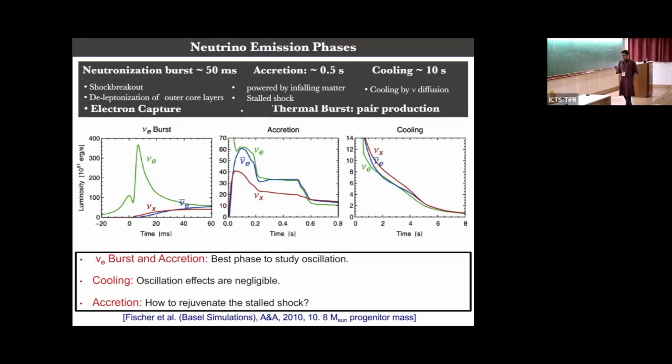Also from the perspective of the supernova mechanism, you would remember that around this time the shock is failing and stalled. If there is any input to the shock energy, it would come from neutrinos, and this is where you want to look into the oscillation effects. This is in the accretion phase, and here you have a large flavor asymmetry, so oscillation effects might be important.